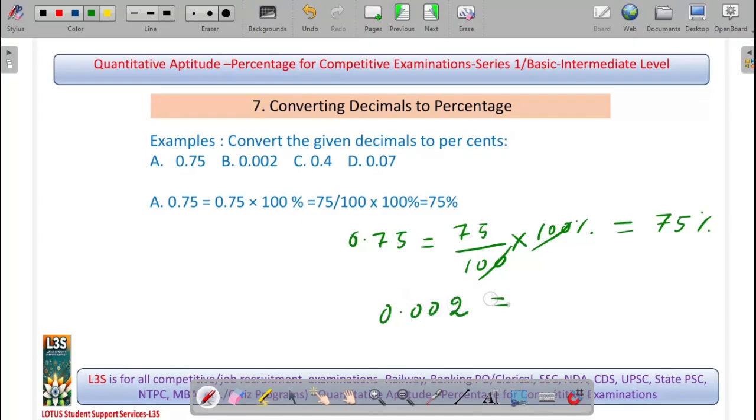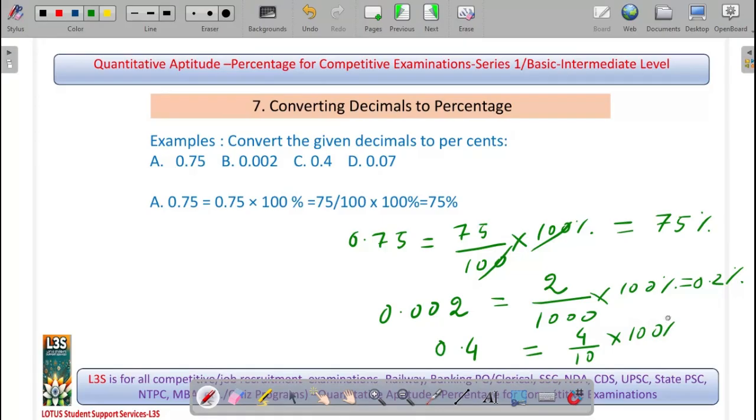Now 0.002. That means 2 by 1000 into 100%, so that means 0.2%. Now 0.4, that means 4 by 10 into 100%.